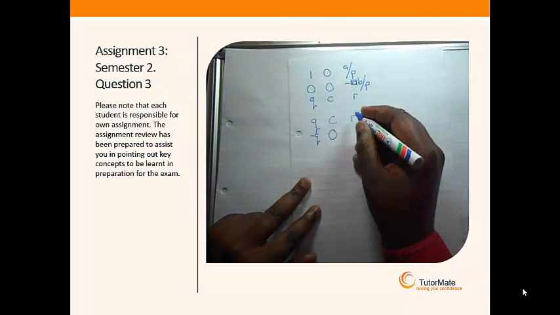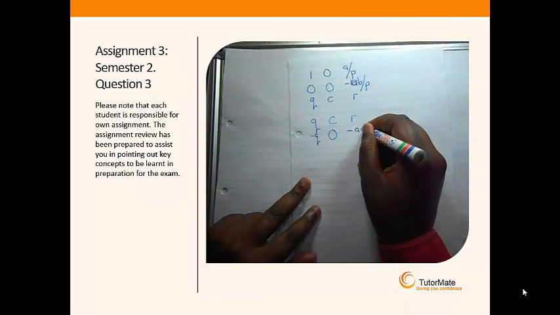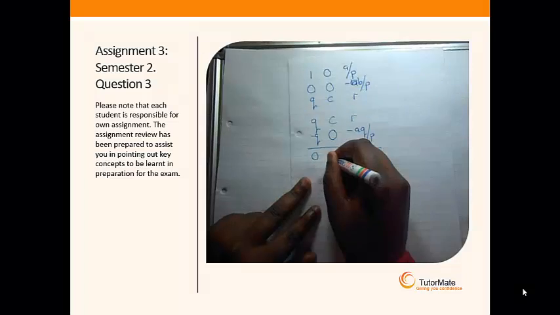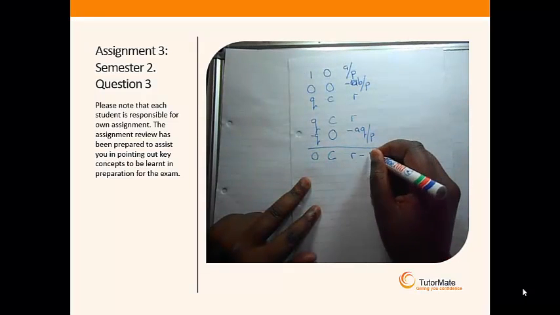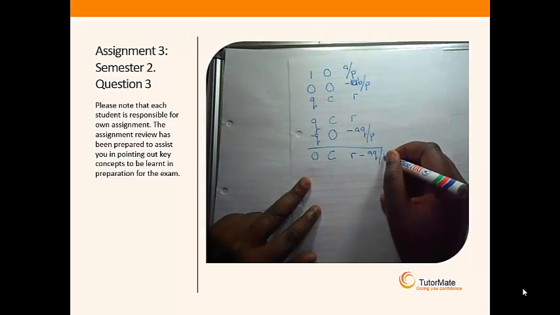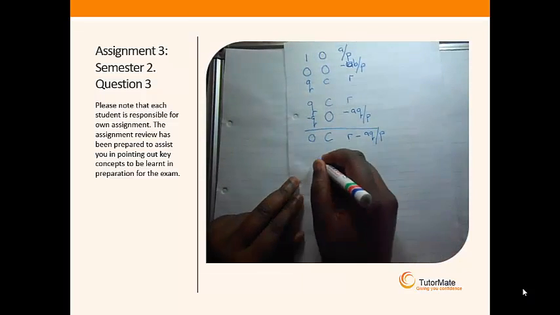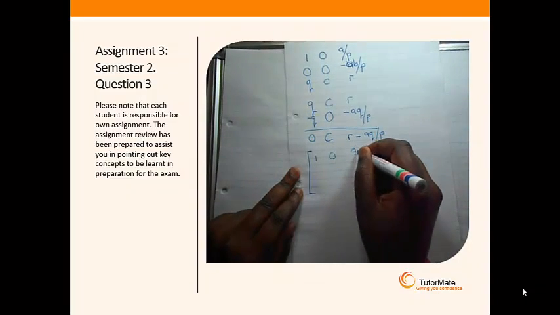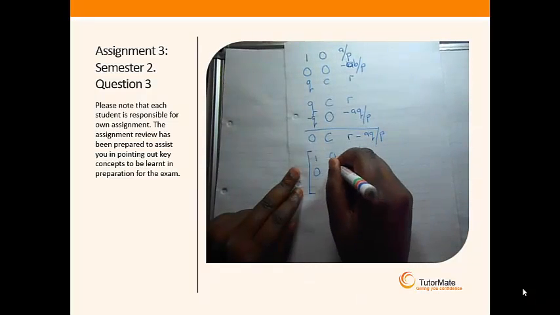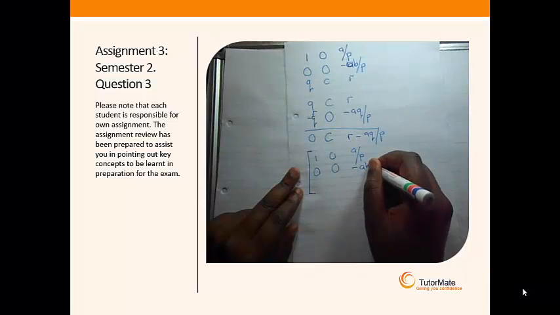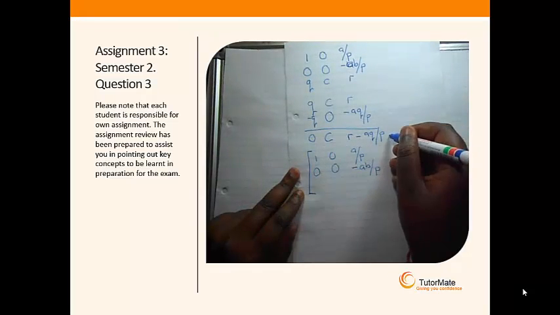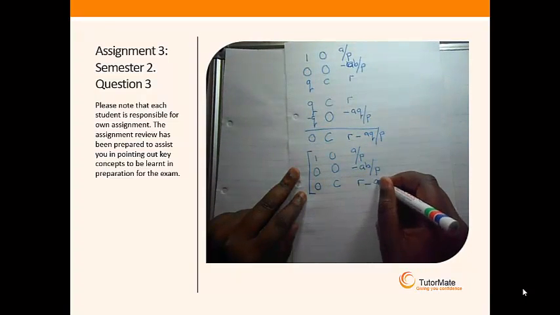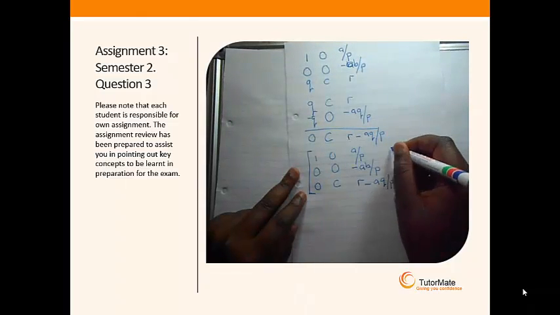Minus Q times A over P is equal to minus AQ over P. So if now I add them, I'm going to get 0, C, R minus AQ over P. So if I rewrite the entire matrix, I'll get 1, 0, A over P, 0, 0, minus AB over P. Then my new third row is equal to 0, C, R minus AQ over P. So this is my new matrix.